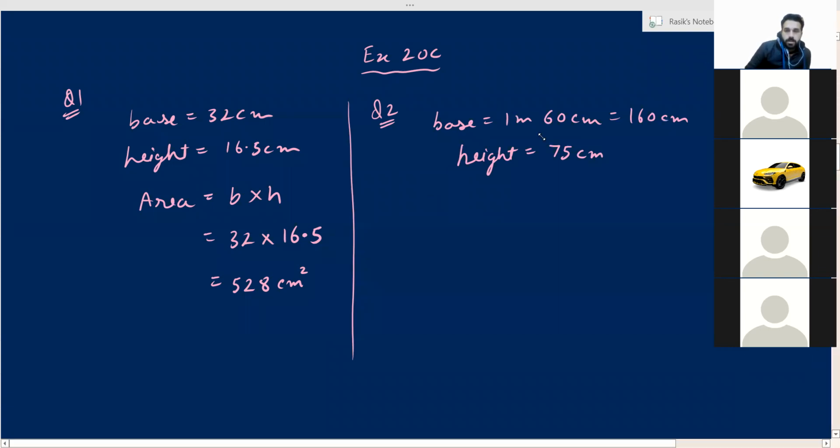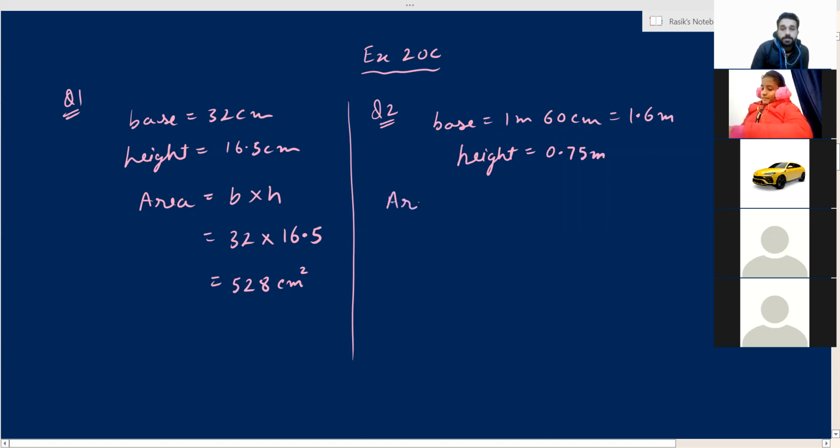No problem, let's do it here. We will convert the base and height in meters: 1.6 meters and 0.75 meters. Now find the area. Area is equal to base into height. 1.6 into 0.75.